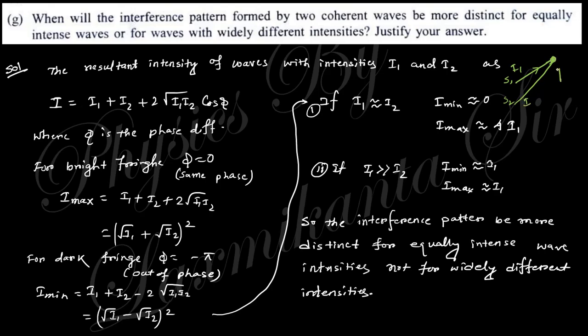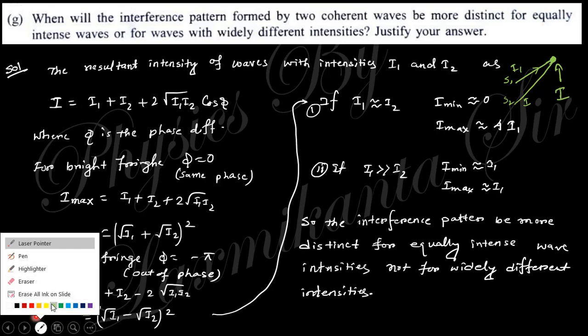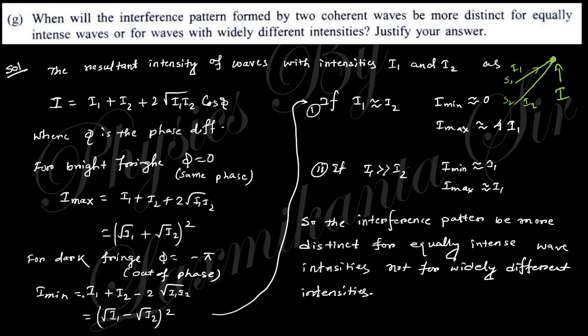More distinct means light and dark can be distinguished, right? Separately distinct can be when the intensities I1 and I2 are nearly the same or widely different.